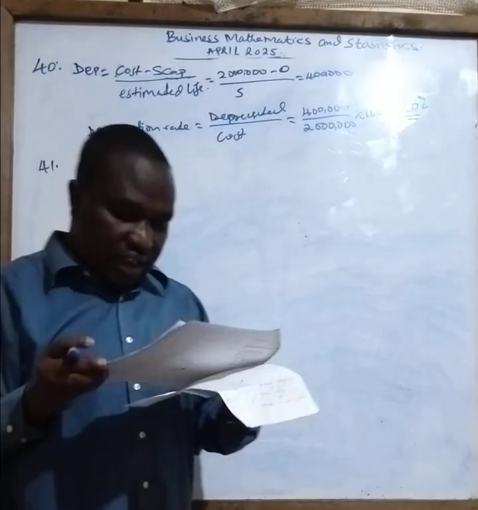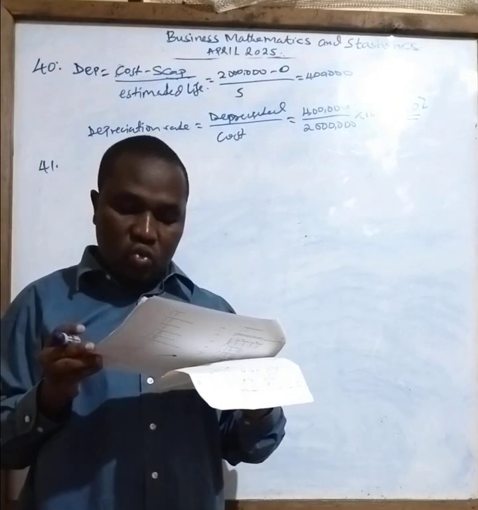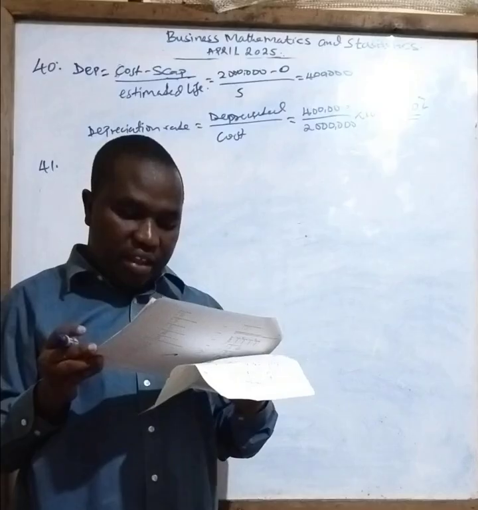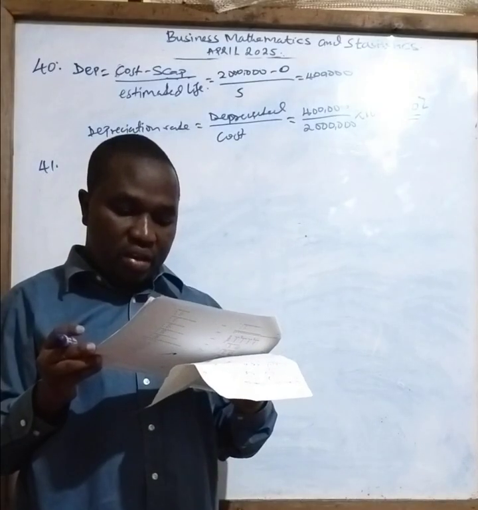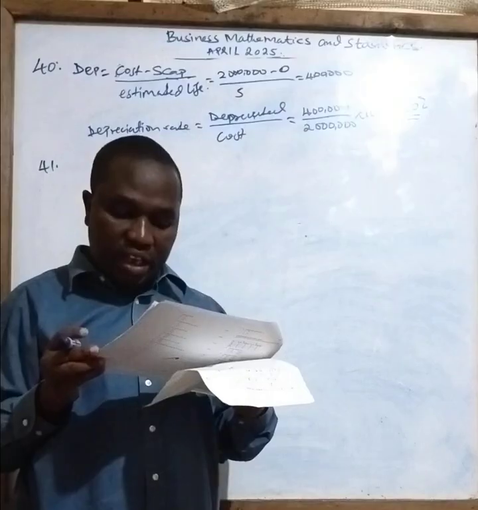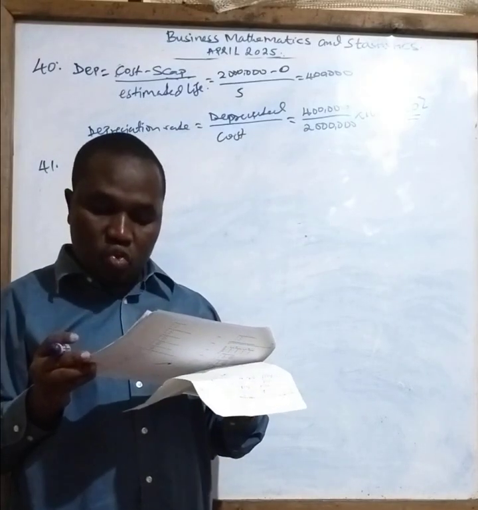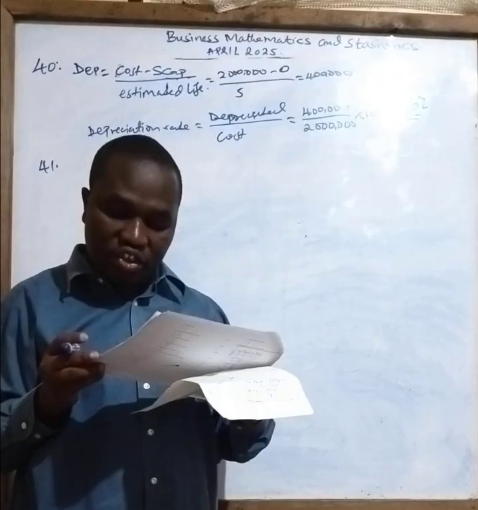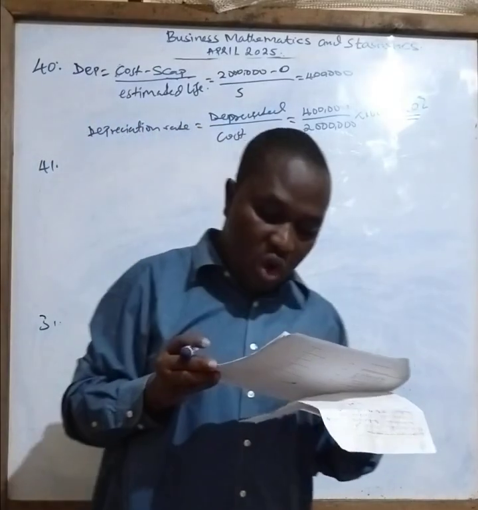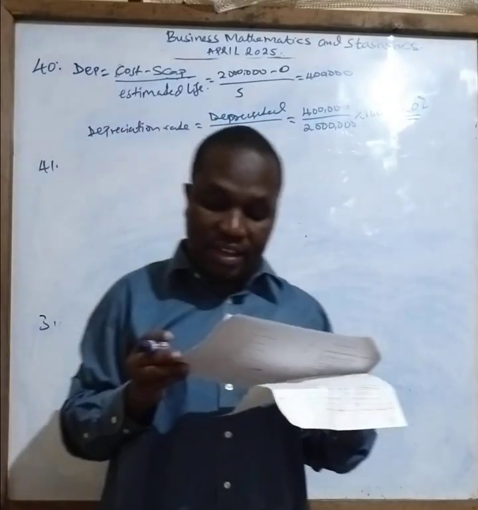Question 41 says, use the information given to answer questions 41 to 43. A tourist visited Kenya with $14,500. He spent 10 days in a hotel at 18,000 shillings per night, totaling 180,000 Kenya shillings. He also spent 5,000 shillings per day on meals, amounting to 50,000 for the entire stay.